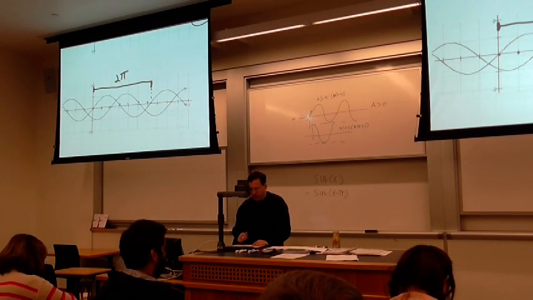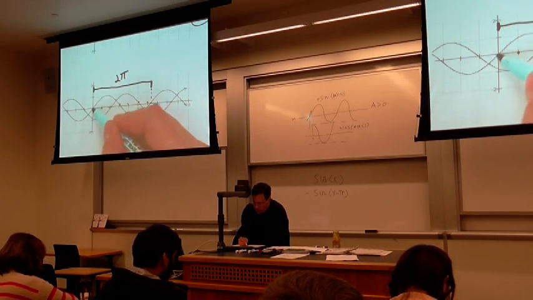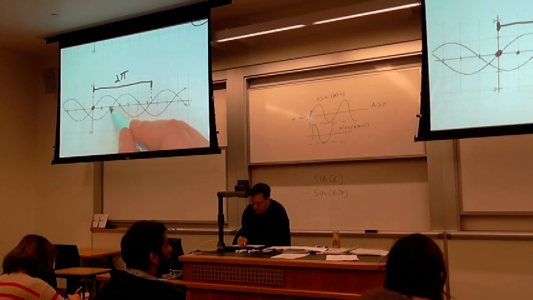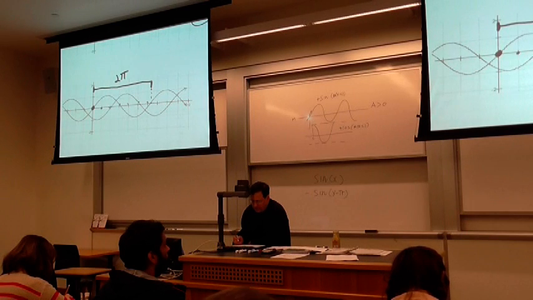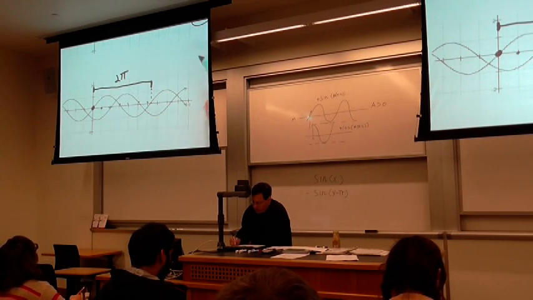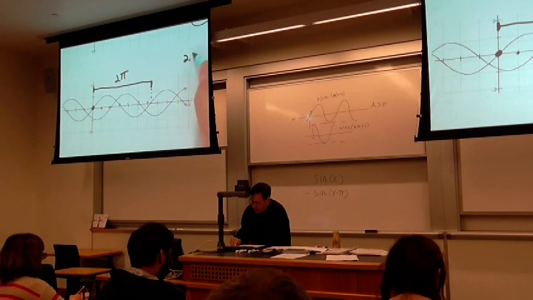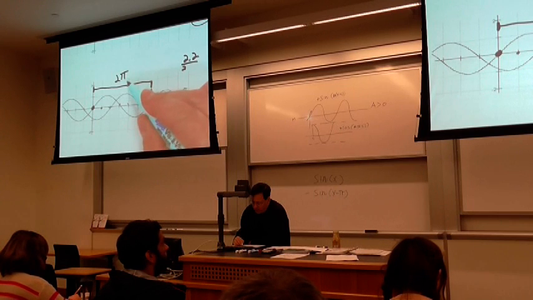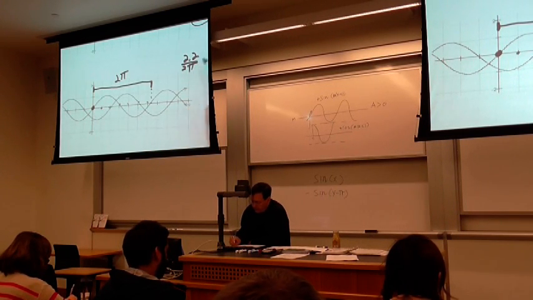Let's calculate it. So the starting point here is 0. This is 1, 2 point something, let's say 2.2. I'm just guessing that the way I graphed it is really 2 pi.